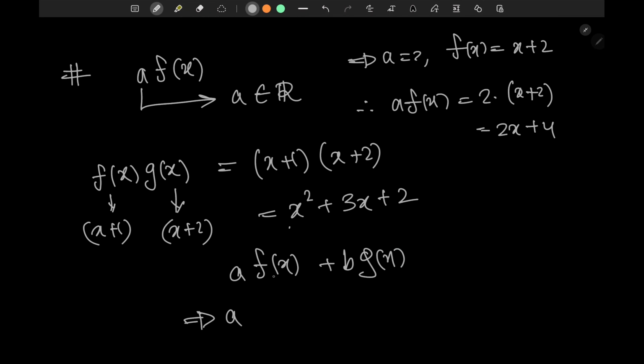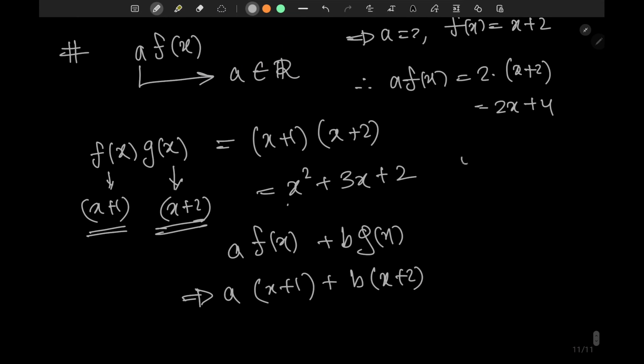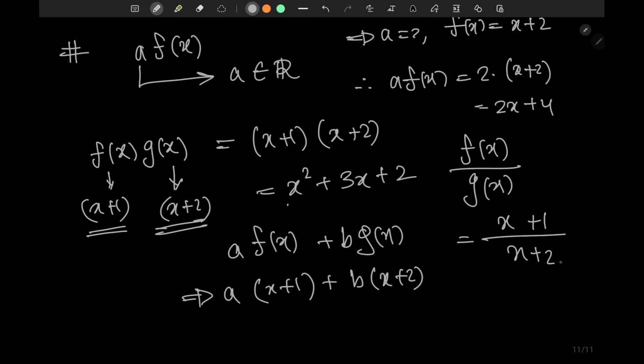So again, let's say f of x is this and g of x is this. So this is a times x plus 1 plus b times x plus 2. You can divide one function by another to get some fractions depending on what type of things you're doing. So again, this will be something like this, and so on.